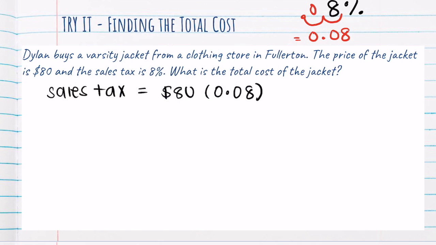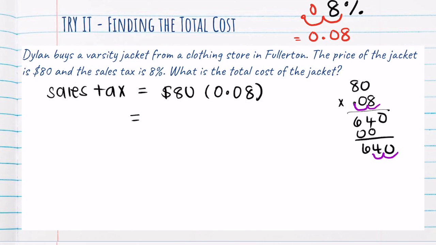So to find the cost of the sales tax, we're going to multiply by 0.08. We'll get 640. But because there's a decimal, we're going to move it twice, and we get our sales tax is $6.40.